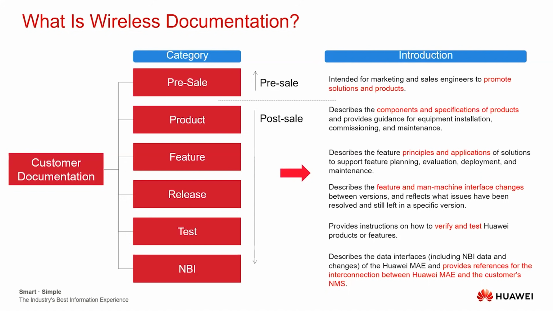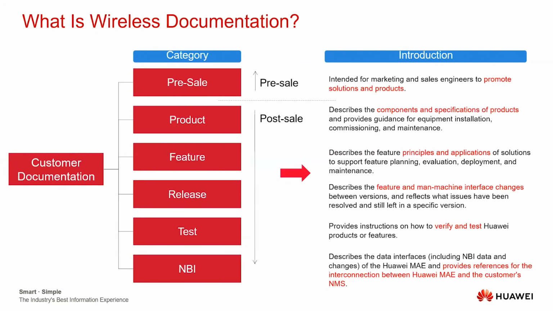And the second is the feature documentation. It describes the principles and the application of software solutions to support feature planning, deployment, etc. So it describes the product from the perspective of features.